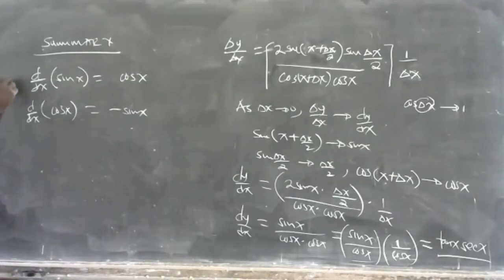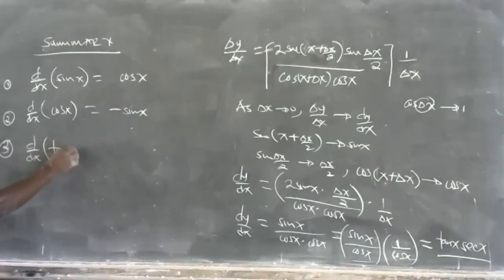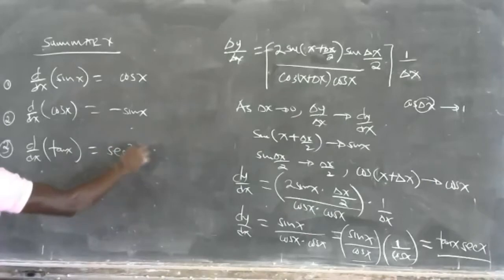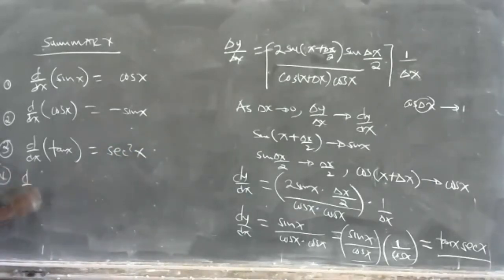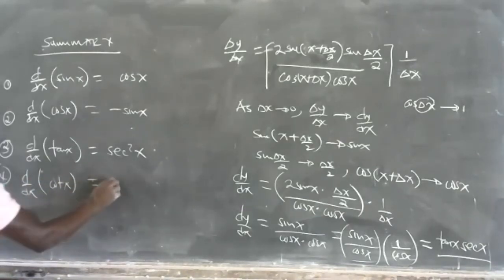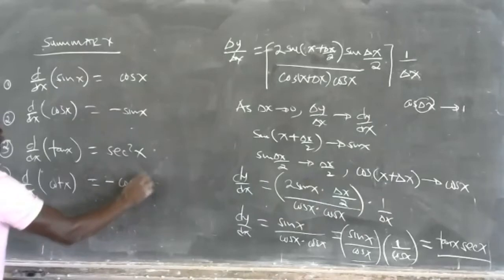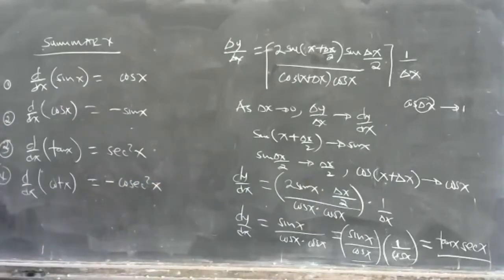Differentiate cos x, you get negative sin x. When you differentiate cot x, you get negative cosec squared x. This one should be in your head.